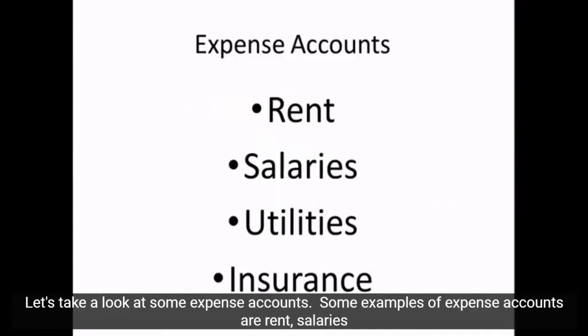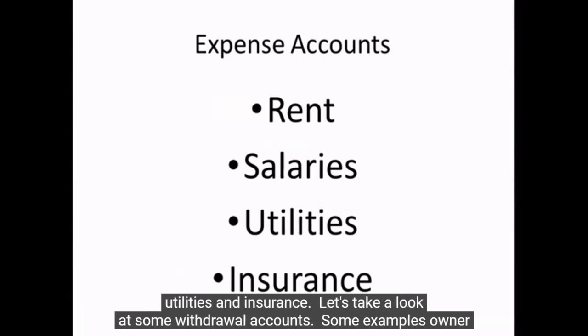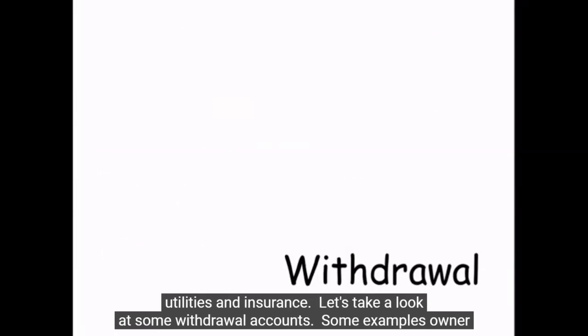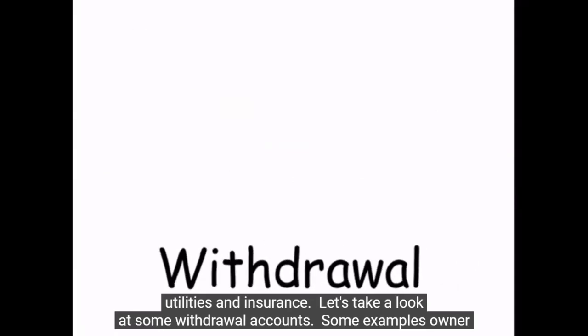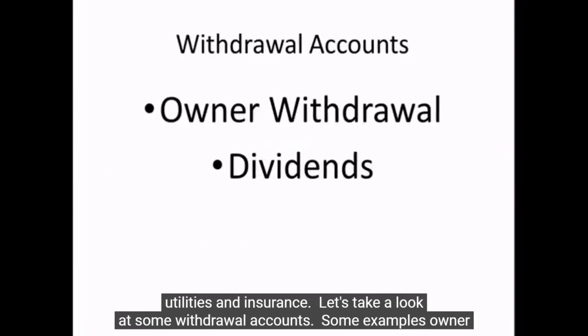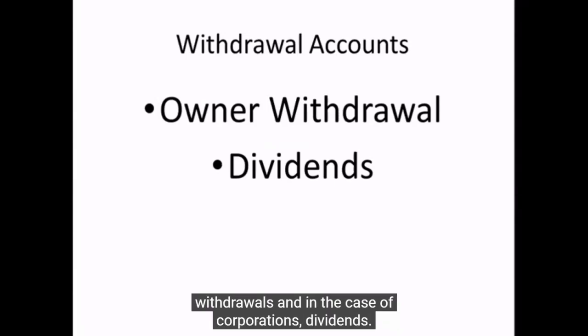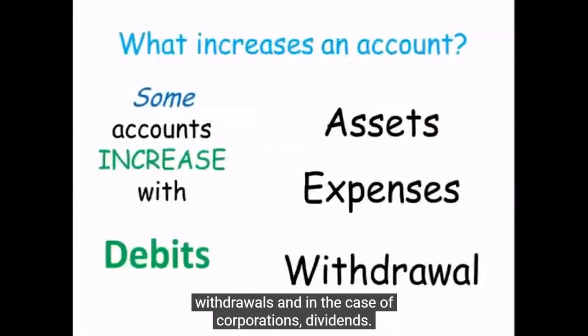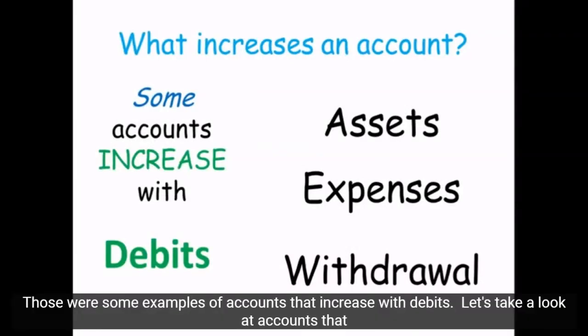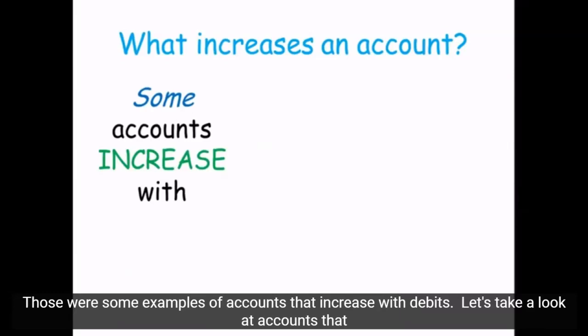Some examples of expense accounts are rent, salaries, utilities, and insurance. Now let's take a look at some withdrawal accounts. Some examples are owner withdrawals, and in the case of corporations, dividends. Those were some examples of accounts that increase with debits.